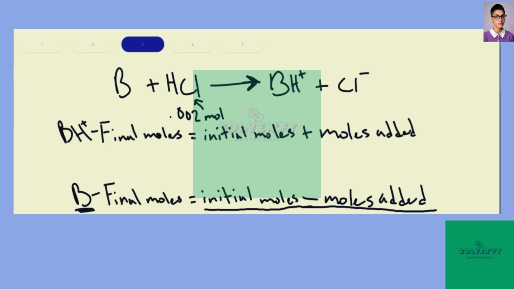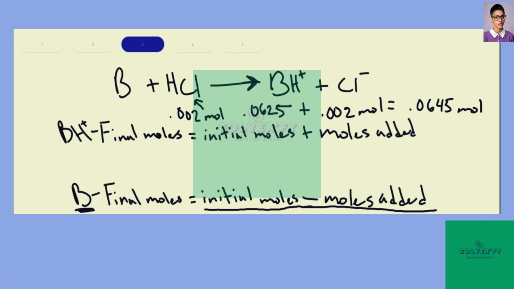For the first one here, we take 0.0625 moles plus 0.002 moles, and that equals 0.0645 moles.